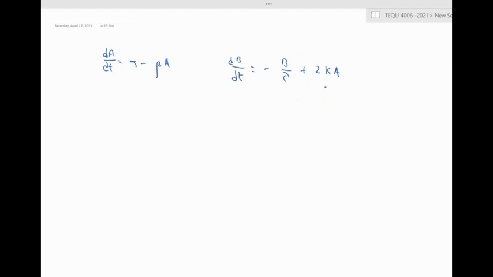But before I do that, let me do the integration factor on this one, because this one is all in terms of A, so it should be easy to work. First of all, if I want to do integration factor on this equation, let me give a definition, right?